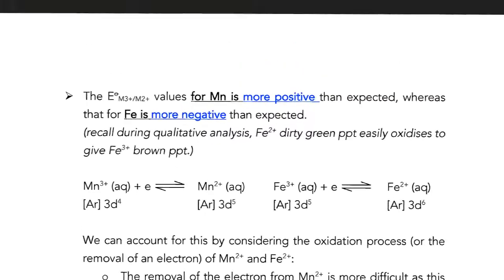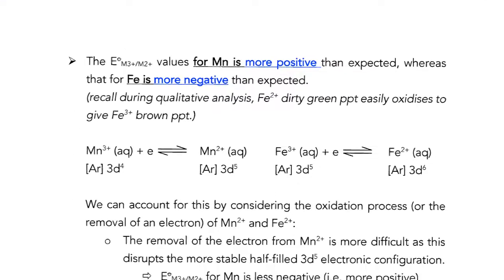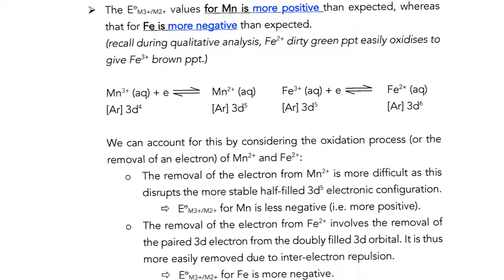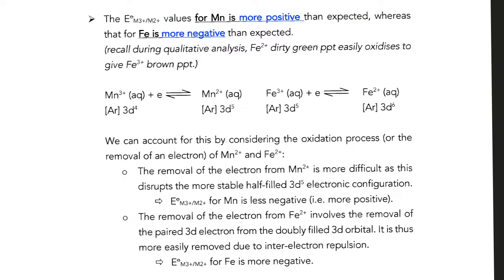Now you can see why the E0 values of the +3 and +2 oxidation states for manganese are more positive, whereas for iron they are more negative. This is because of the half-filled electronic configuration. The removal of an electron from iron 2+ forms iron 3+.